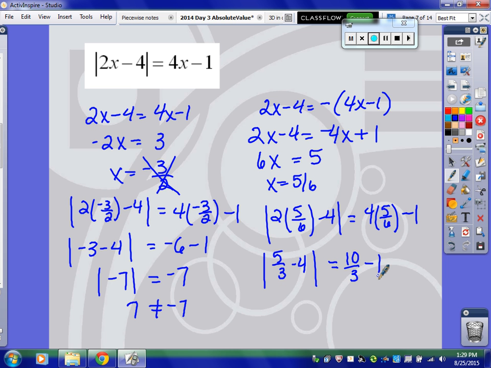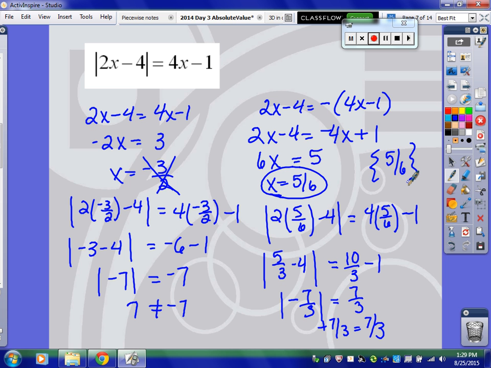Alright, what's that? Negative 7 thirds. That's going to be the absolute value of negative 7 thirds is equal to 7 thirds. The absolute value of negative 7 thirds is positive 7 thirds, equals 7 thirds. So this one works. So that solution, 5 sixths, is the only one of the two that works.